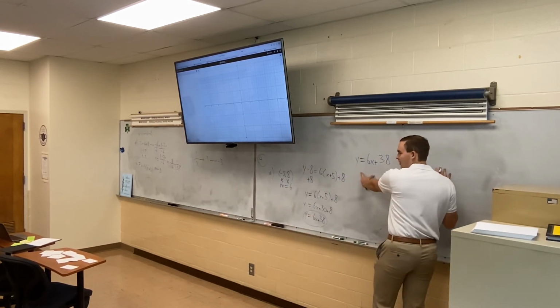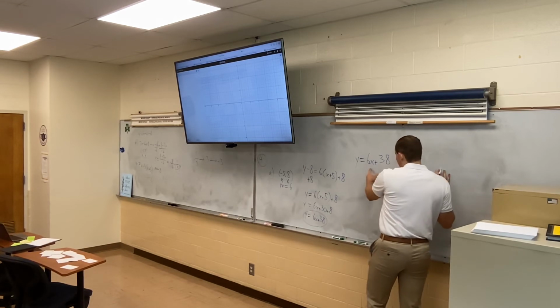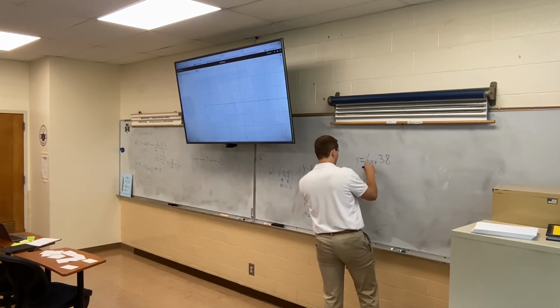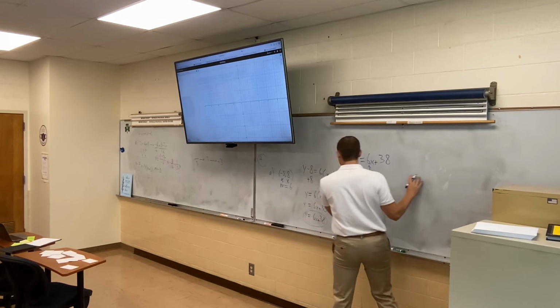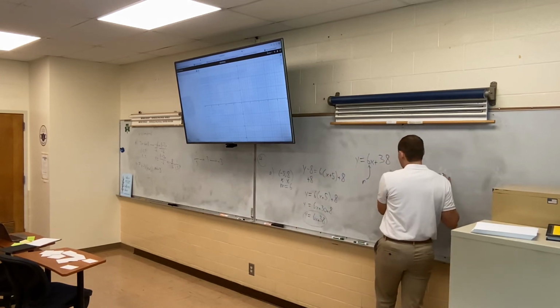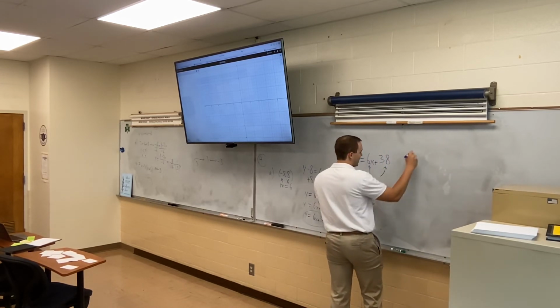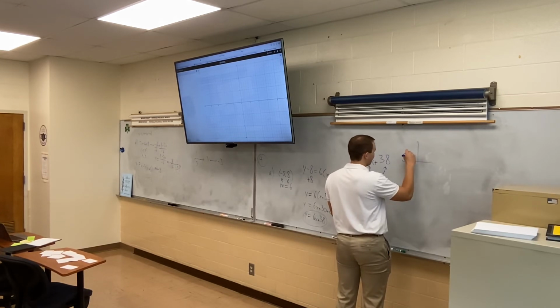Which number is my slope? 6, right? That's my slope. And which one's my y-intercept? 38, right? Y-intercept is where it crosses the y-axis.